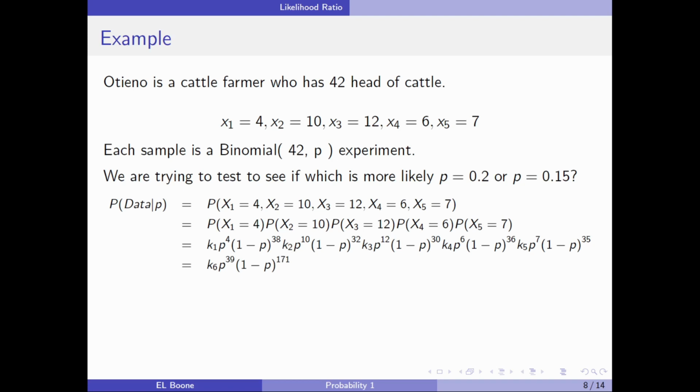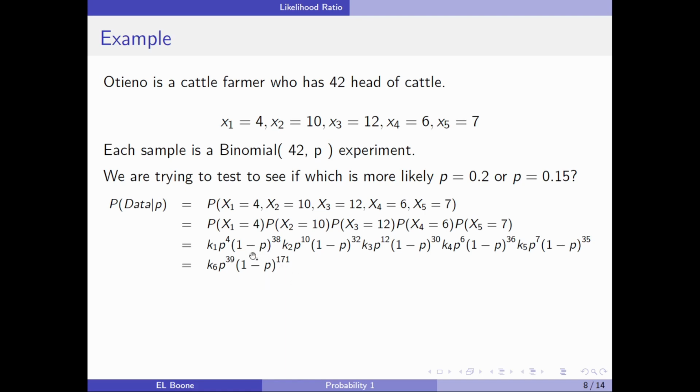So I'm just putting a number in there as a placeholder right now. And K6 is all of these multiplied together and pulled out front. And then here you can see P to the 39 is the sum of all the exponents that are associated directly with P. And the 171 is the sum of all the exponents associated with 1 minus P.